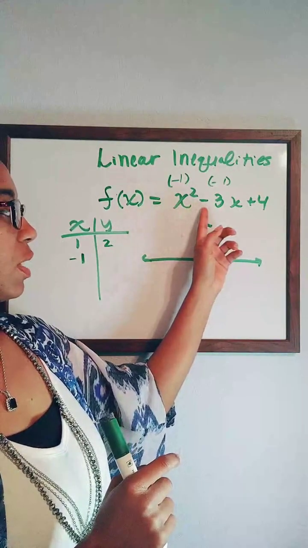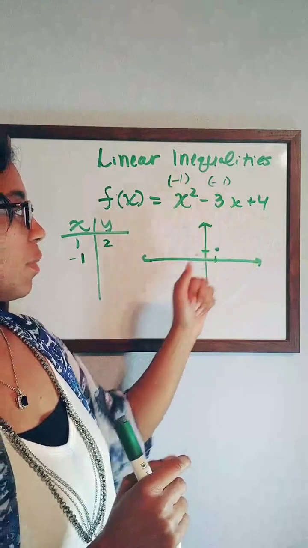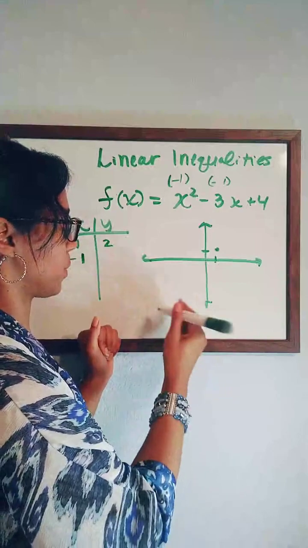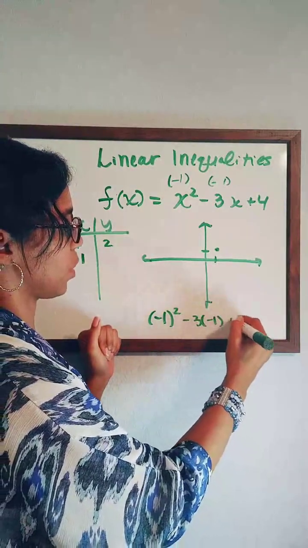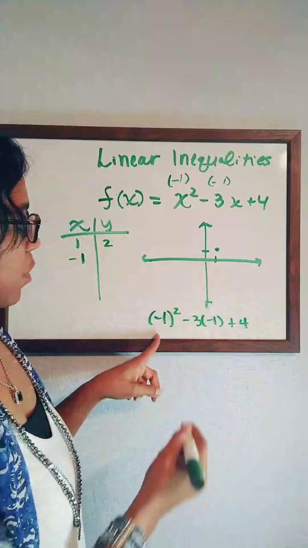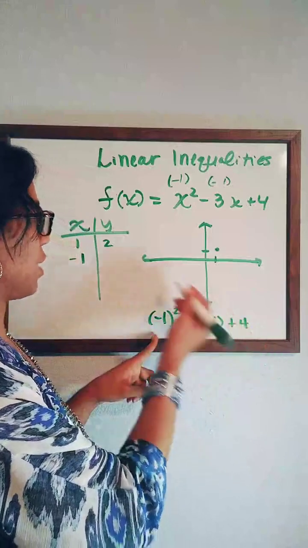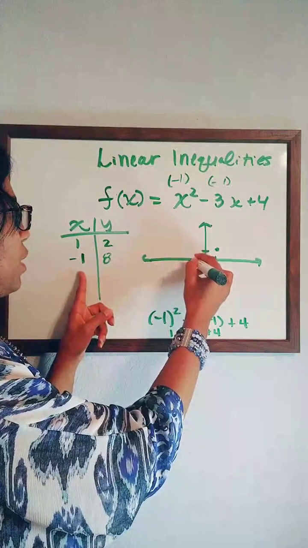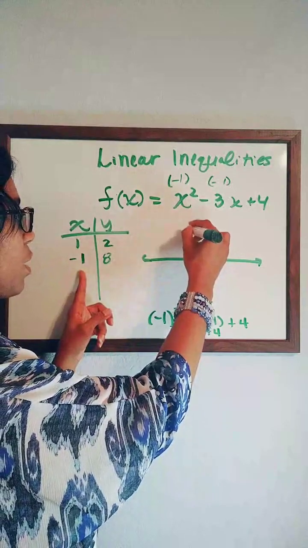So 1 plus 3 is going to give me 4. And then 4 plus 4 is going to give me 8. Negative 1 squared minus 3 times negative 1 plus 4 is 1 plus 3 plus 4, which is 8. So when I have negative 1, I end up having a positive 8 way up here.